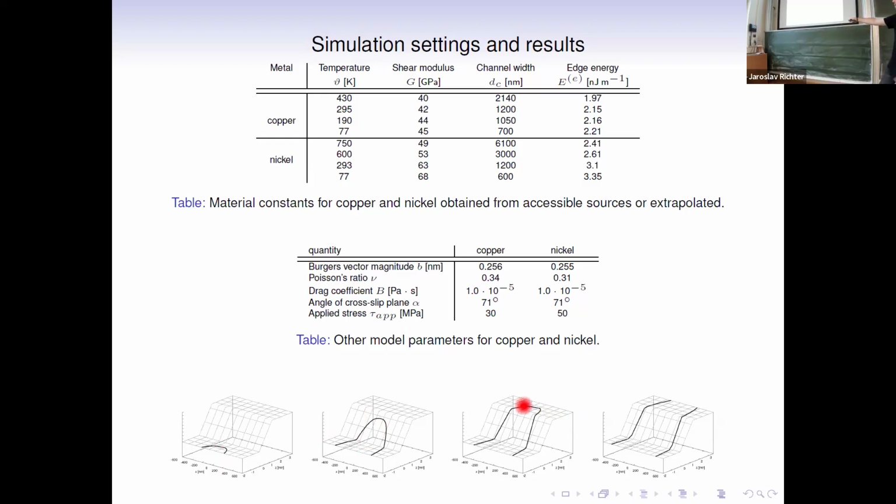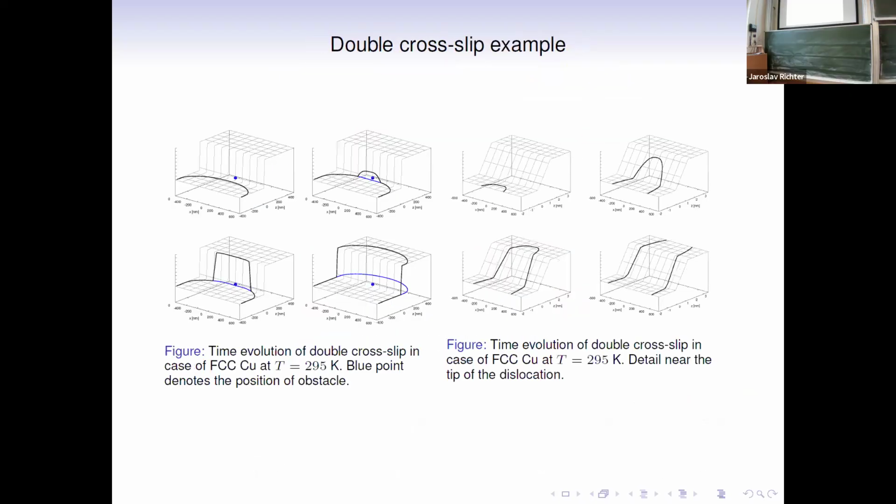Here is what happens after it slips back to the primary plane again, after double cross-slip, and here some advanced stage of the evolution. And here, this is from the global scale. This is what you have already seen, and this is how the dislocation itself looks from the global scale. The blue dot is one point source of the obstacle. And here we can see how it jumps to another slip plane and continues gliding.